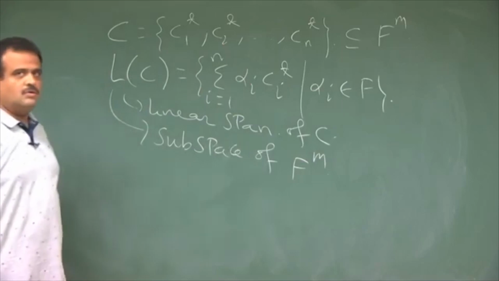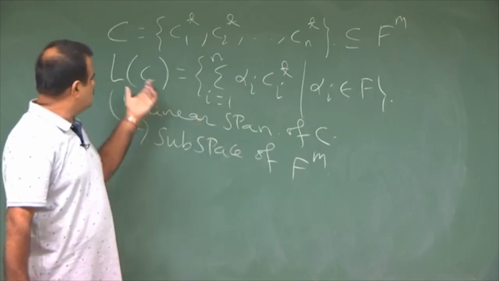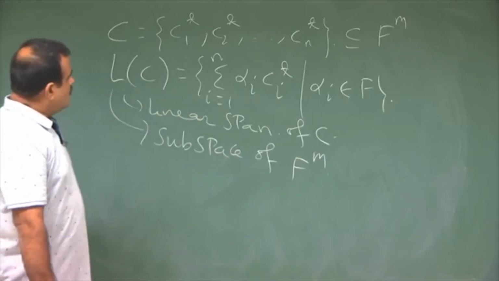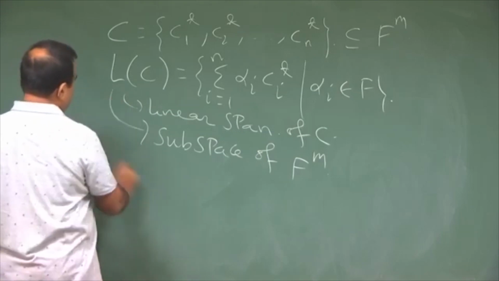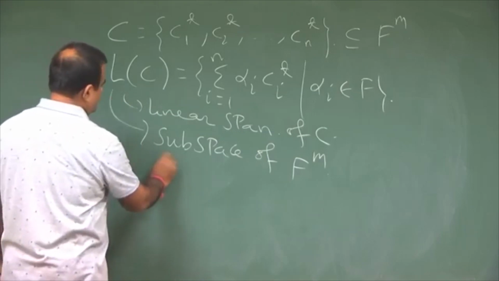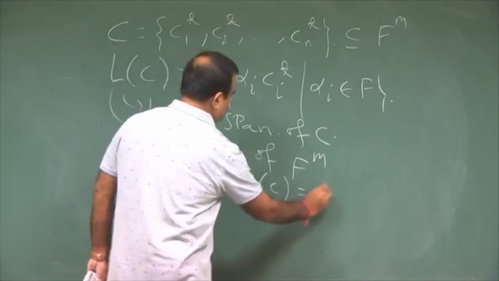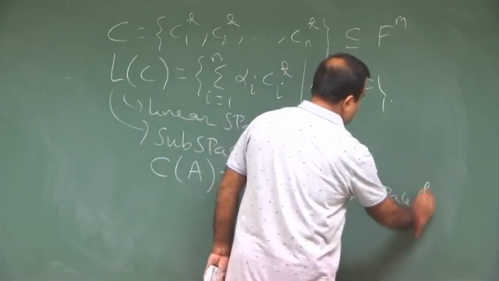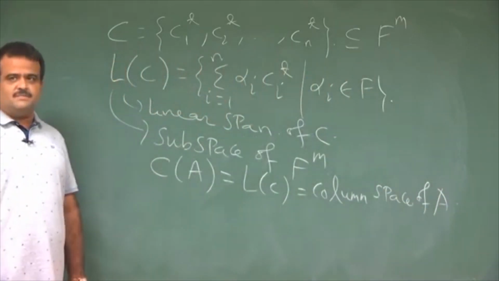F could be R also. If we are talking about the real field, then this f is nothing but R, so this is a subspace of R to the power m. Now, this is called the column space, and it is denoted by C of A, the column space of A. Since this is a vector space, it has a dimension.